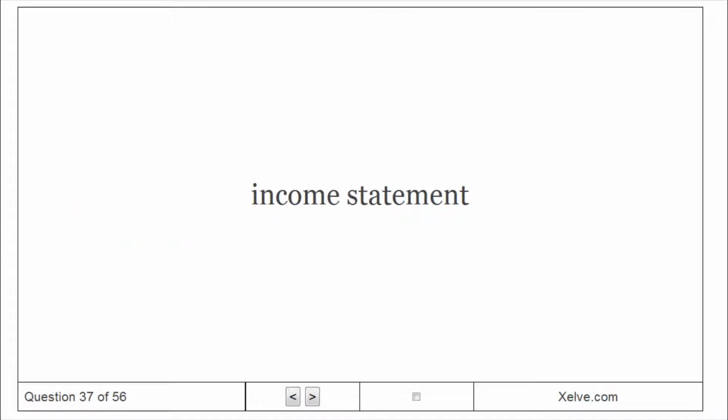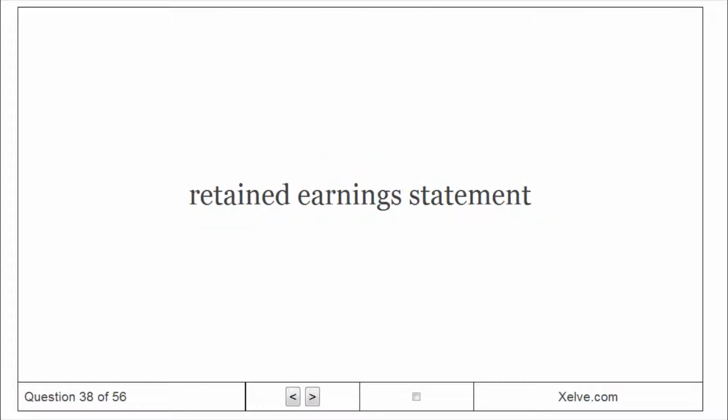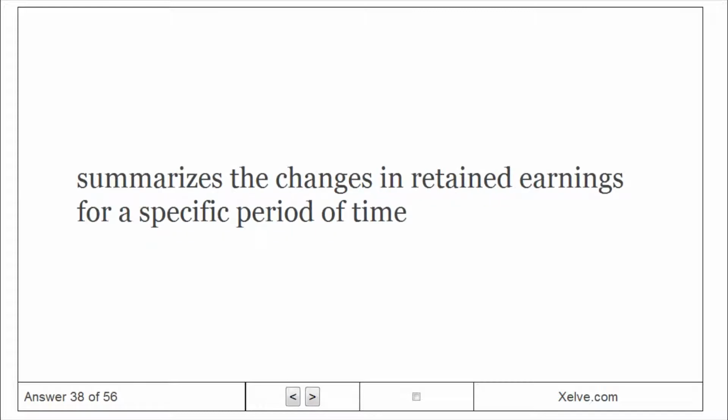Income statement presents the revenues and expenses and resulting net income or net loss for a specific period of time. Retained earnings statement summarizes the changes in retained earnings for a specific period of time.